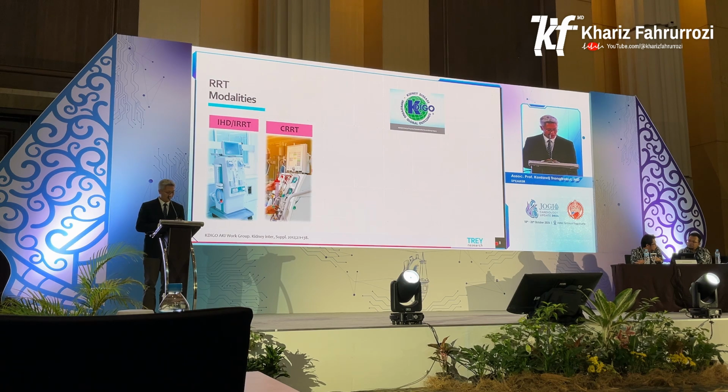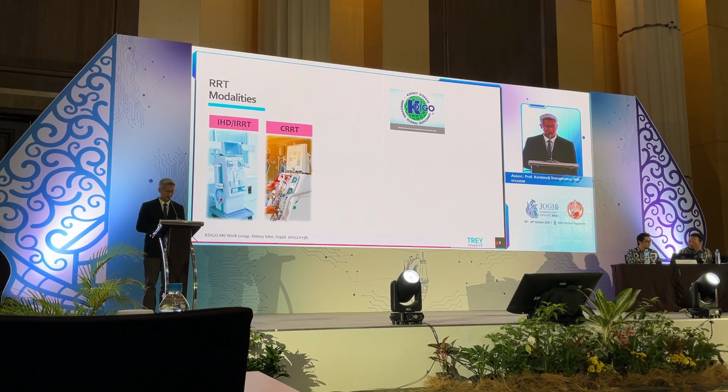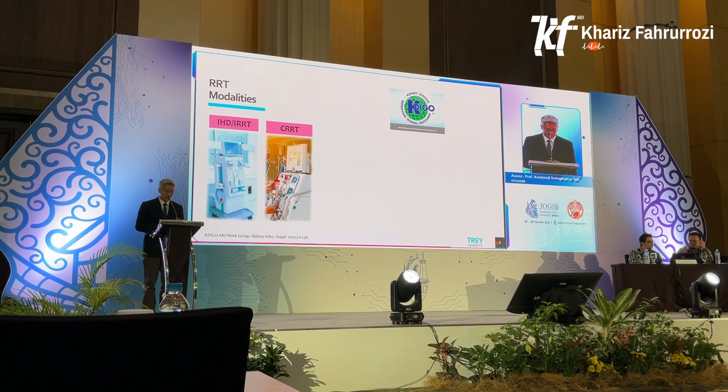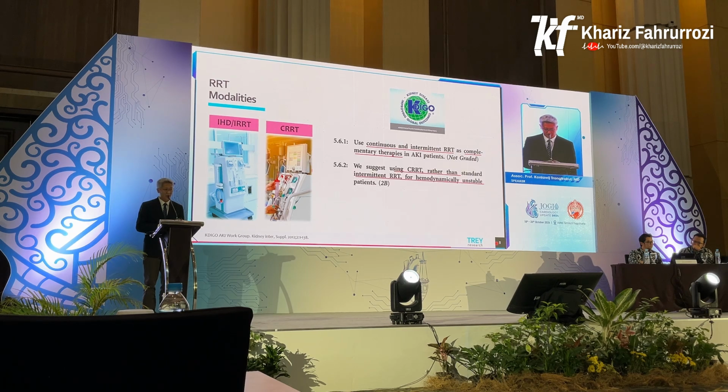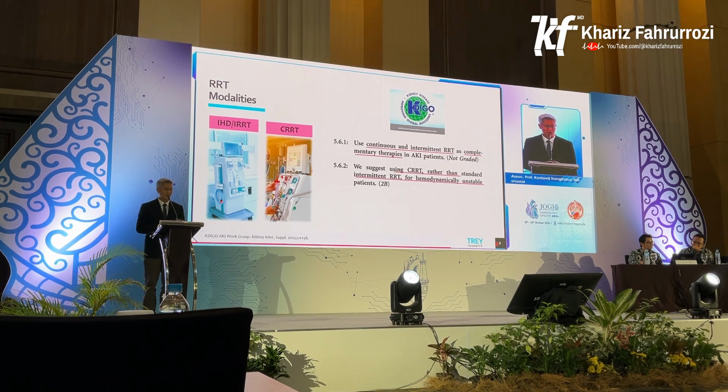And for the RRT modalities, most are composed of two methods. The first one is intermittent hemodialysis, and the second one is CRRT. I think most of you already know about it. But what do the guidelines recommend? First, CRRT and intermittent hemodialysis seem to be complementary for acute kidney injury, but when the patient is hemodynamically unstable, it is recommended to use CRRT rather than intermittent hemodialysis.